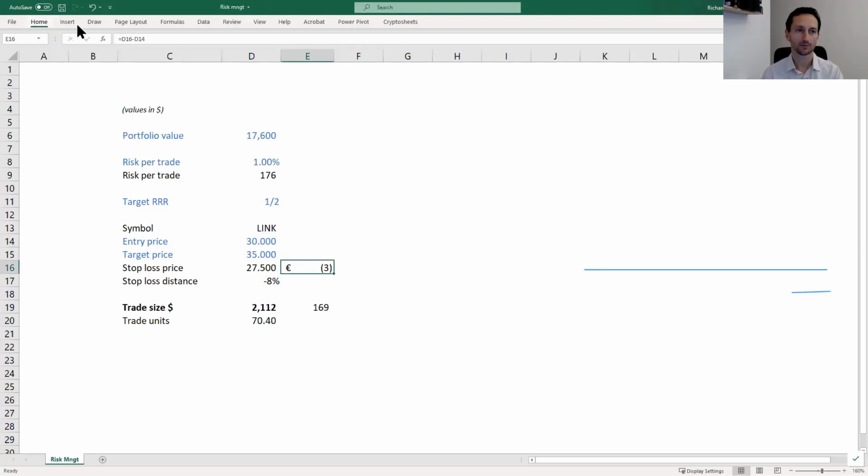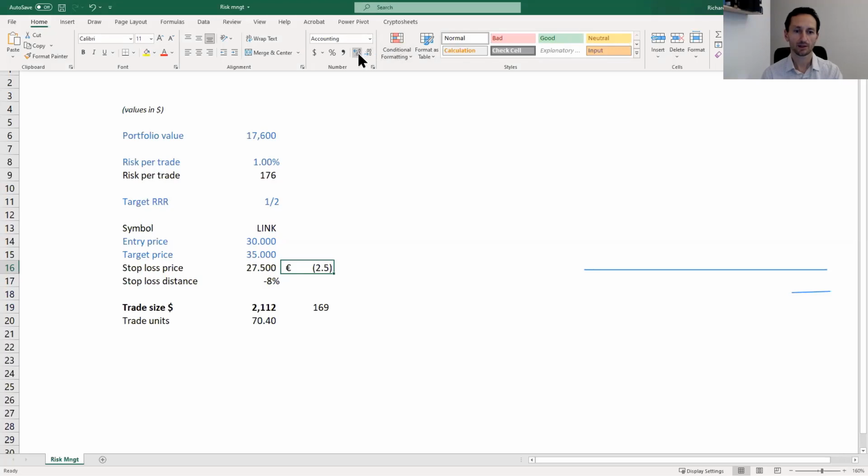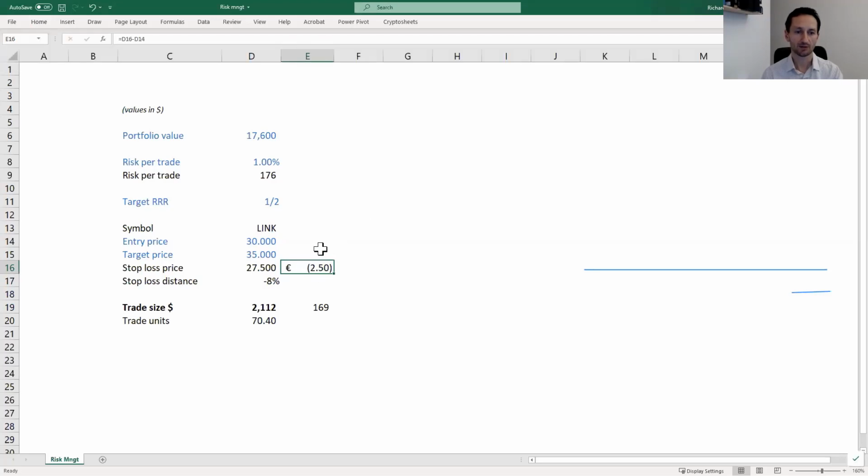So that's my downside per unit, and my upside is my target price minus entry price, which is $5. So the downside is 2.50, my upside is $5. So that's your 1-to-2 risk to reward ratio, RRR.